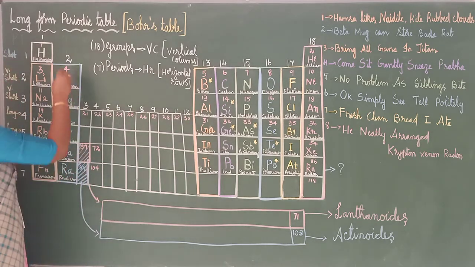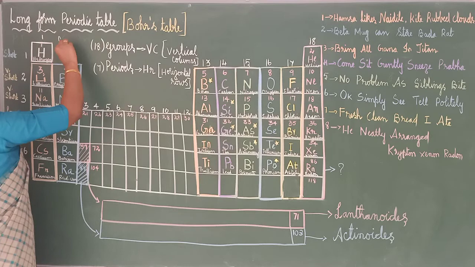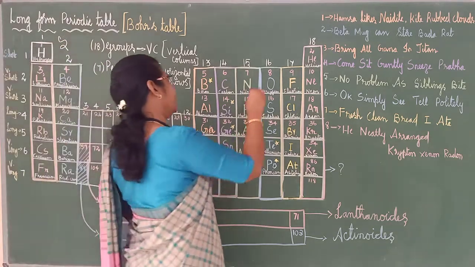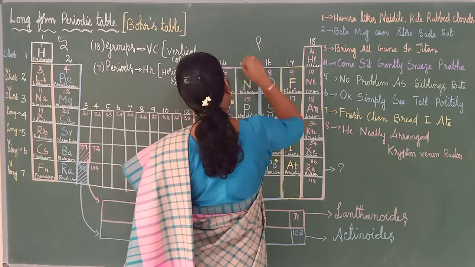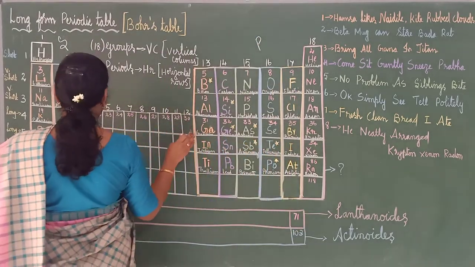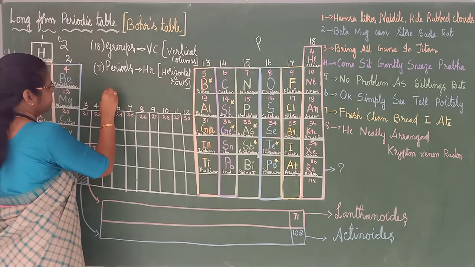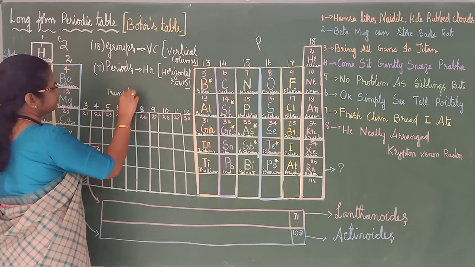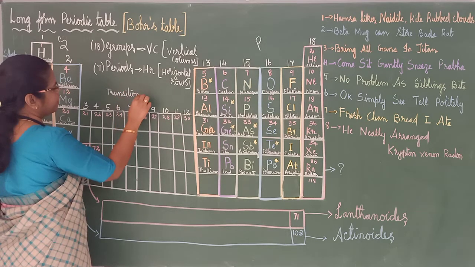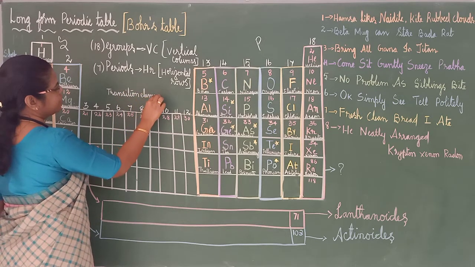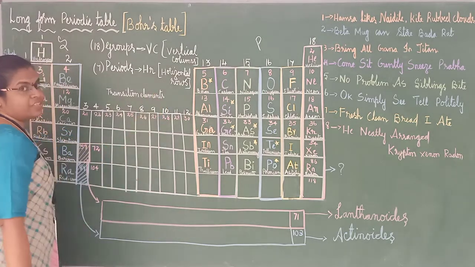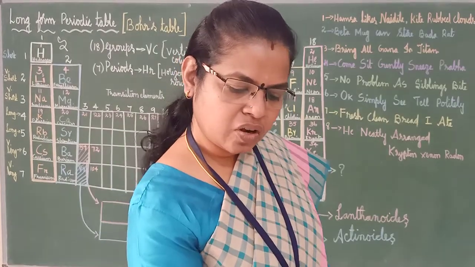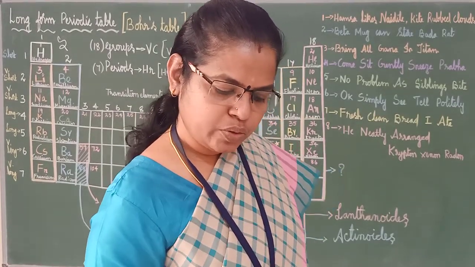These two are called S block elements, and this side is called P block elements, and here it is called transition elements. You find out whether they are D or P. Transition elements are called D or P. You should find it out.